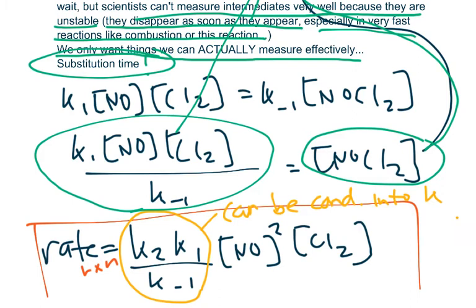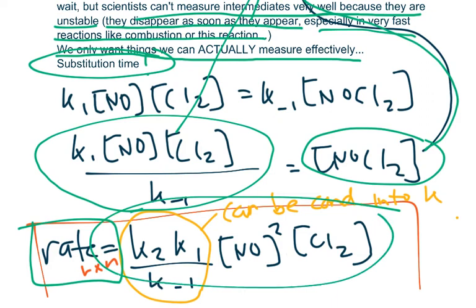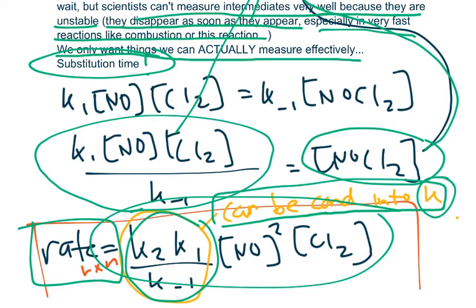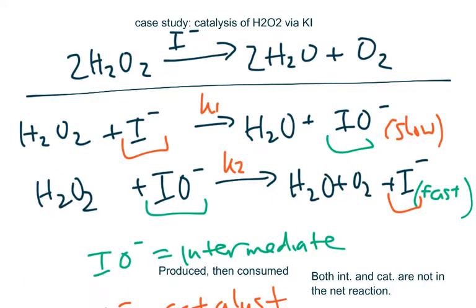And you end up getting that the rate law of the reaction is equal to all this stuff after simplification. So this K2, K1 over K negative 1 can be hard to read, so you can actually condense this into simply just K. But if you want to be specific and label the K's of the reactions, then I would keep it like that. So now that we're done with that, let's do a case study.